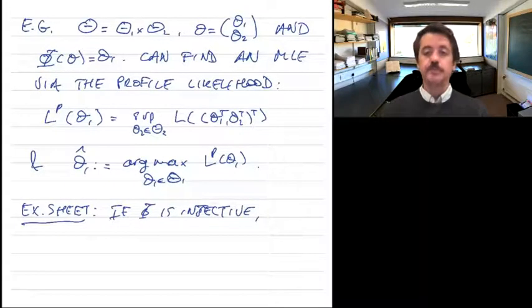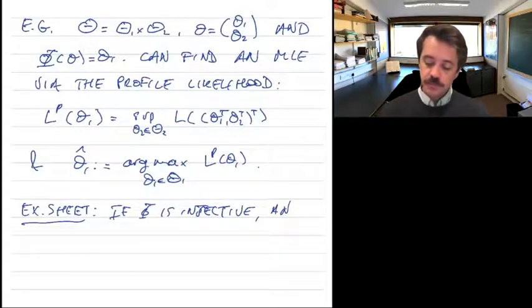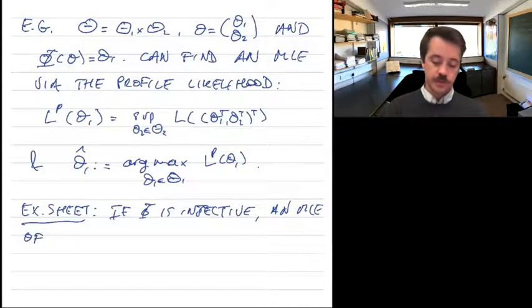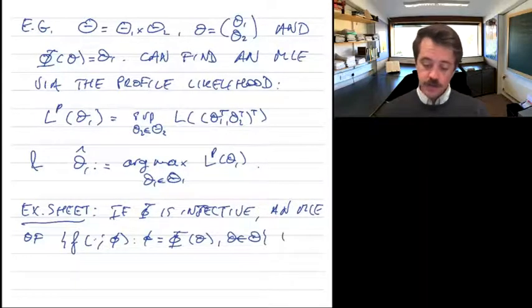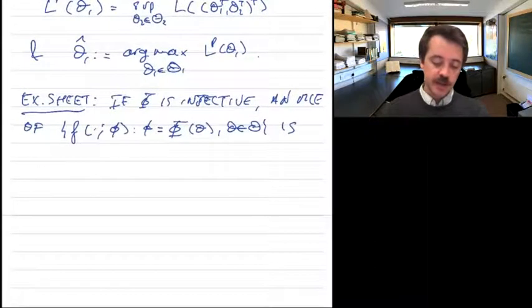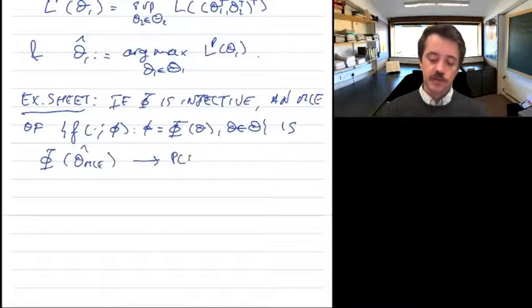Well, then an MLE of the model where this phi is given by the image of theta, where theta is in the parameter space, is given by this here. This is exactly what is called the plug-in.